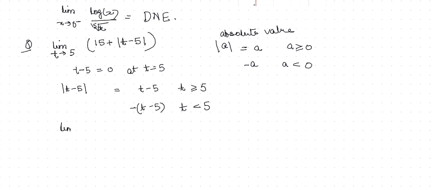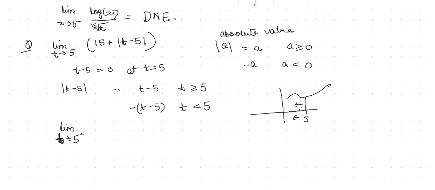So limit t tends to 5 minus, so it means this is the function we are, this is any function. The function is not like this, but just I'm considering. So we are looking at the left hand side, the values less than 5 or the left hand side of 5.